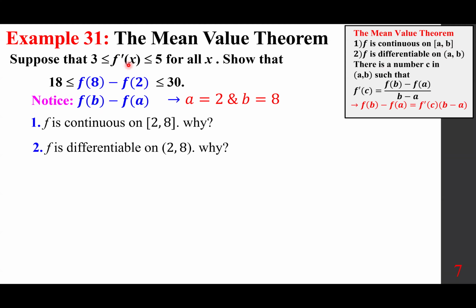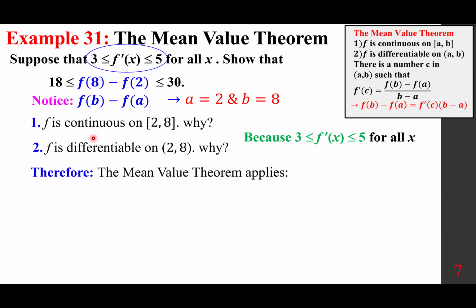They said f prime is always between 3 and 5, which means f prime exists. When they give you the value of f prime, that means f prime exists, no matter what. That means the function is differentiable. And if a function is differentiable, it's continuous. Therefore, the mean value theorem applies.